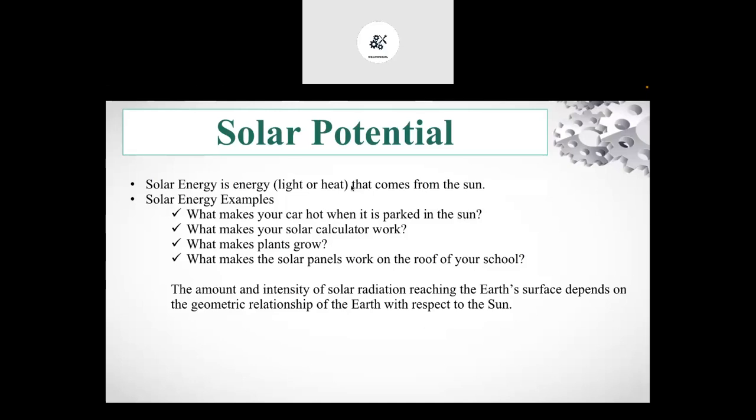The main disadvantage of this energy is that there is a cost related to it.